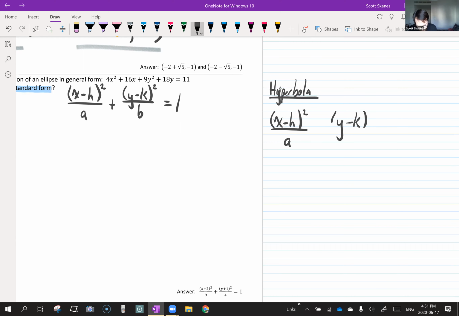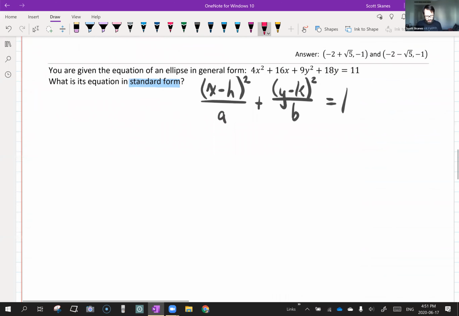Some of you might actually remember what the difference is. Yeah, Mohammed, I had a feeling when I looked up I'd see it. There's a minus in the middle. That's the only difference between a hyperbola and an ellipse, the minus in the center. So just something to think about. The work still works the same way, but just something to remember.